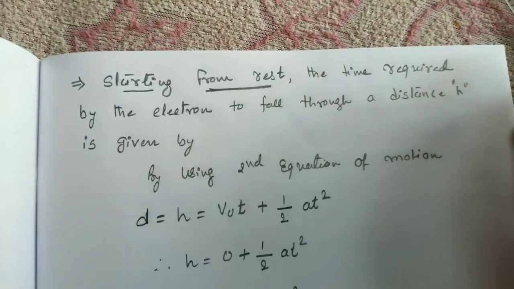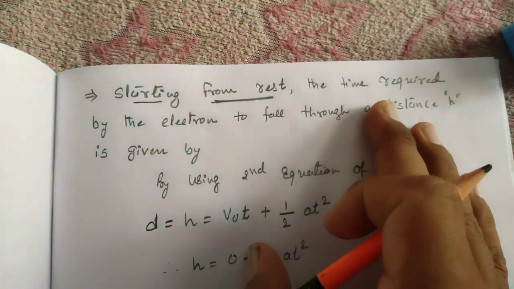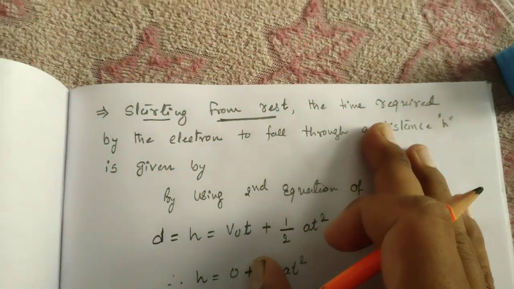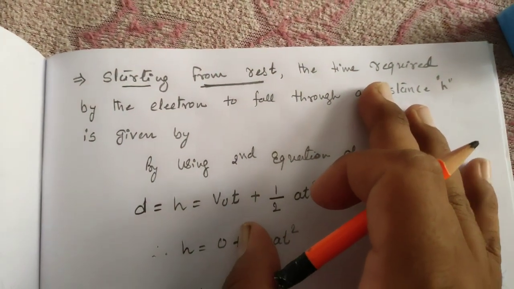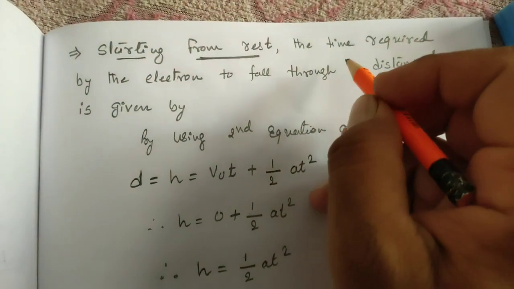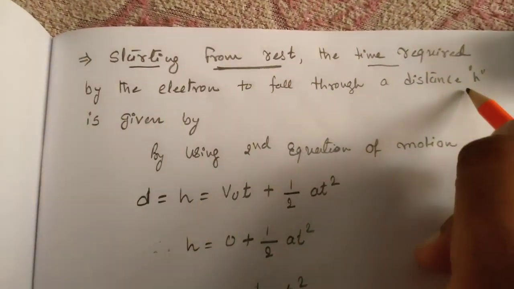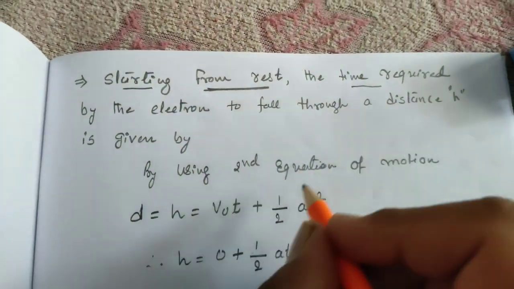Now the electron is falling in the downward direction, so let us consider starting this electron from rest. Means the initial velocity of the electron will be 0. What is the time required by the electron to fall through a distance h? Let us consider h as the distance.